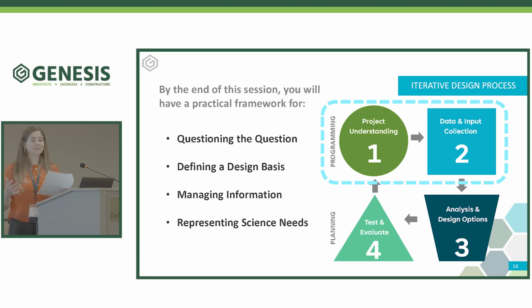So this scientific context and the site and business drivers context, these all help inform project understanding, which we can understand as the first phase of the programming process, followed by data and input collection. So today's session is really focusing on this upfront work.